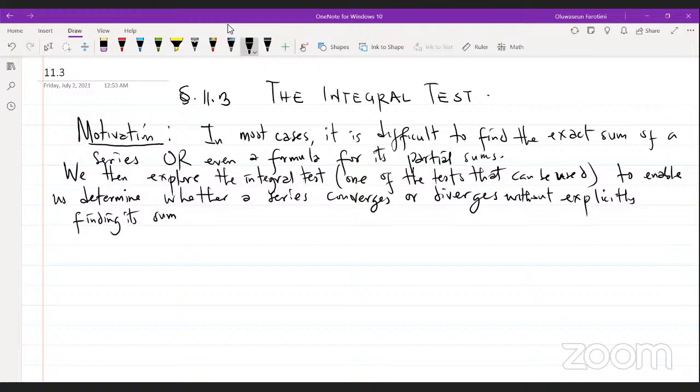So let's talk about the integral test itself.